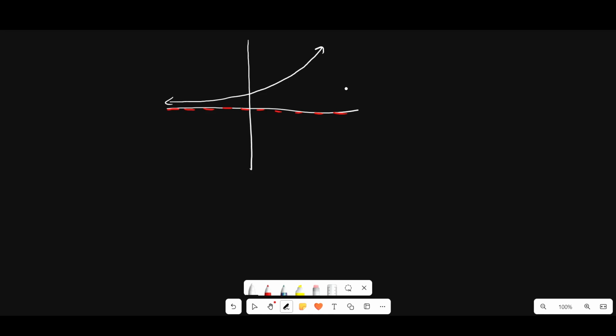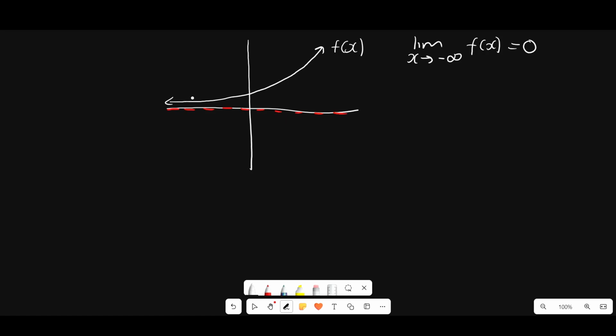So what does that mean? In this case we have f(x). If I say the limit as x approaches negative infinity of this graph, what will my answer be? My answer will be 0.